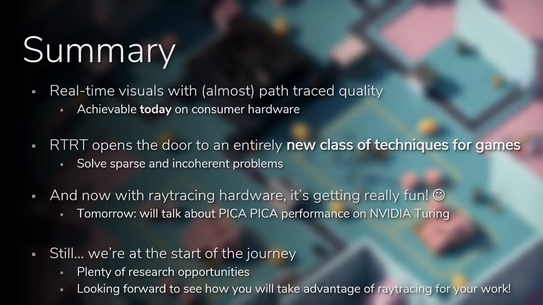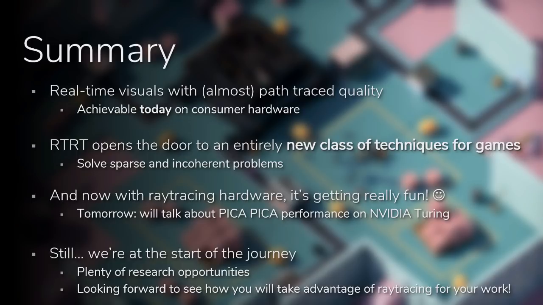And so tomorrow I'm going to give some performance numbers of PKP running on the new hardware compared to a Titan V during the real-time ray tracing session in the morning. So make sure to attend if that's of interest. But don't forget that ray tracing is just another tool in the toolbox, and you should choose to use it wisely when it makes the most sense.